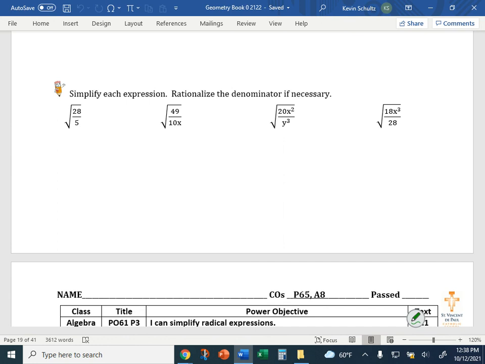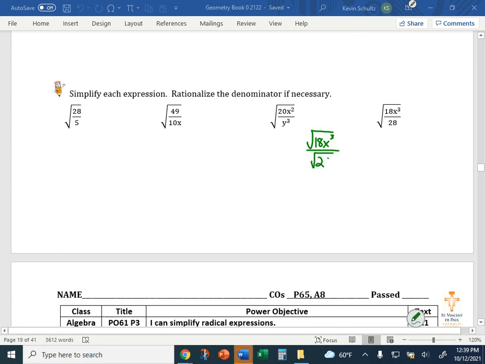What are someone's thoughts for how to start the very last one here? What would you think to do first? Yeah, Peter? Okay. Even before we split it up, though. I mean, sure, that's good. Peter's saying, start by breaking this up into the root of 18x cubed over the root of 28.